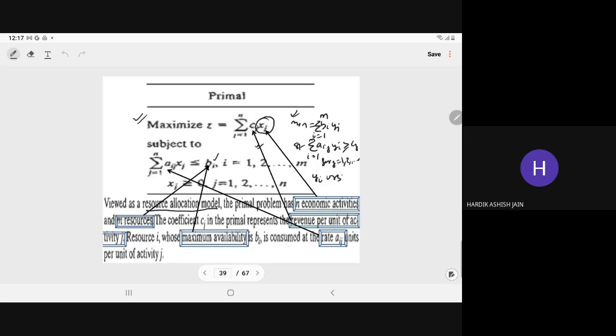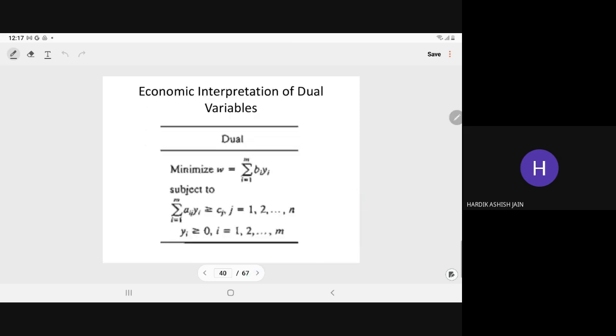Here I have written yi as URS because presently I have not converted this into the equation form by adding the slack variable. As you write the dual constraint for the slack variable and combine it with this, you will get the required non-negativity for the dual variable. Clear?